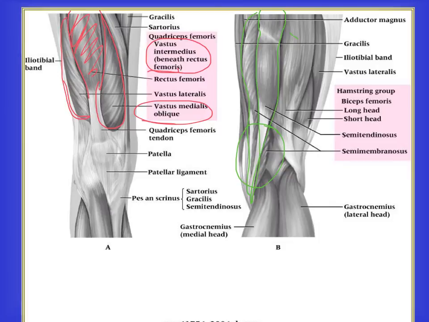And then on the posterior lateral side, you have the biggest or largest hamstring muscle group, which would be the biceps femoris muscle group here. As a whole, we could say that the hamstring muscle groups are going to aid in knee flexion, and the quadriceps muscle group is definitely going to be aiding in knee extension. So they are antagonistic in nature.